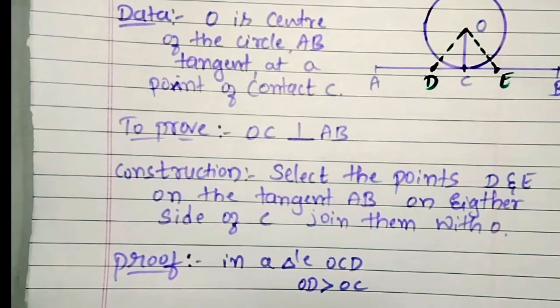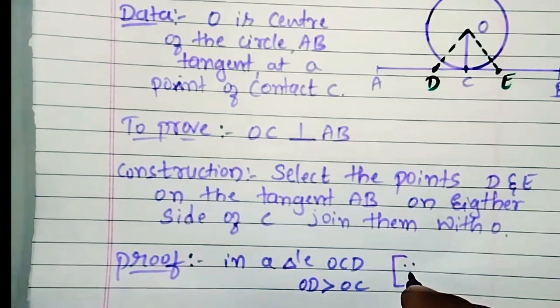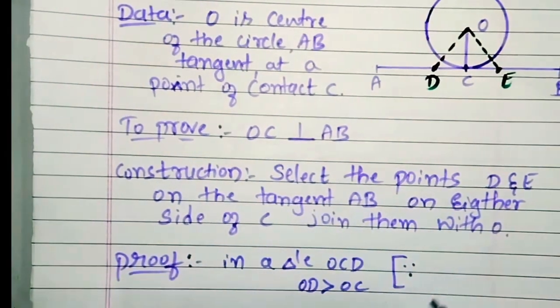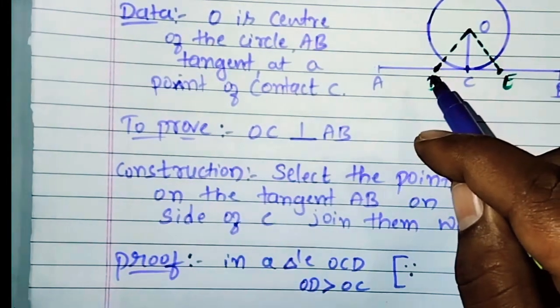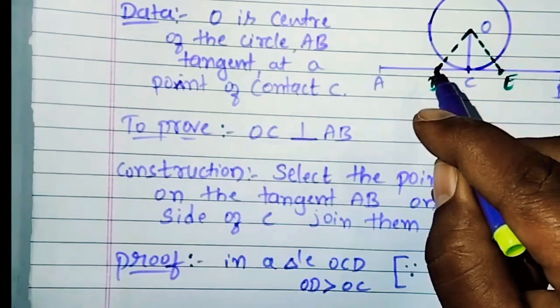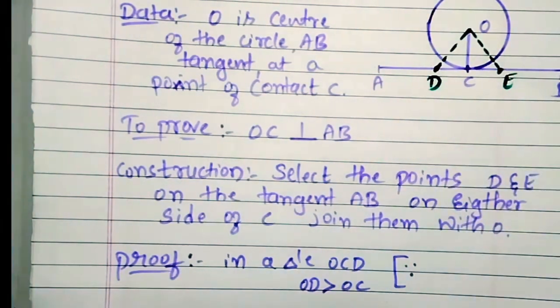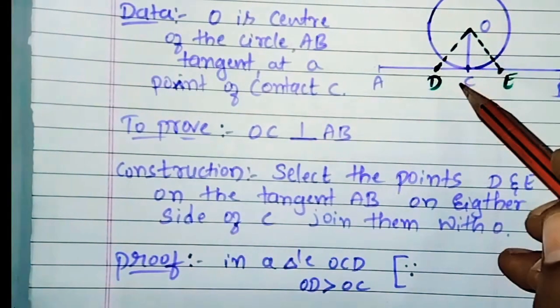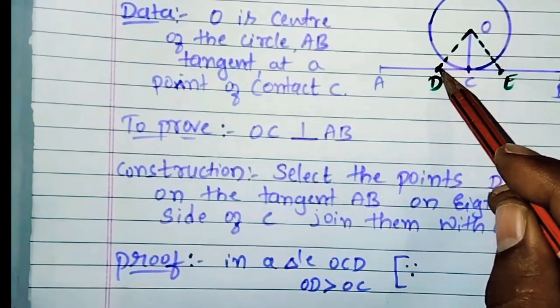Why? Because we have to write the reasons. Why are these two greater? See children, the points D and E are not on the circle, they are on the tangent only. Can you observe clearly? The points D and E are not on the circle, they are on the tangent.